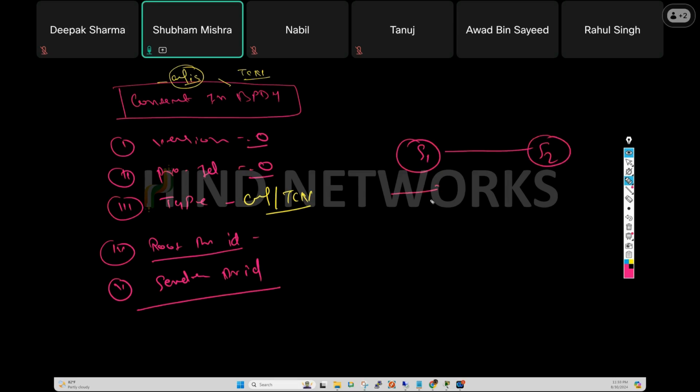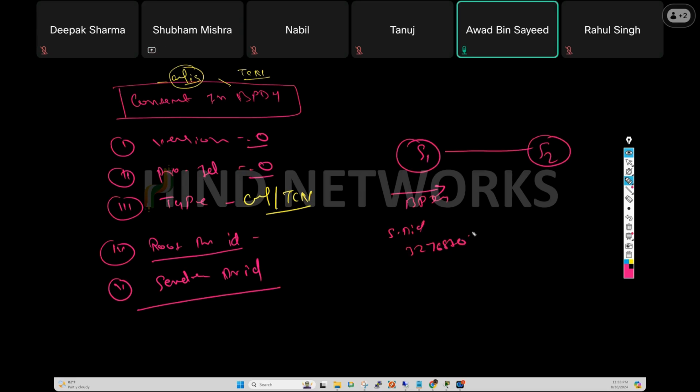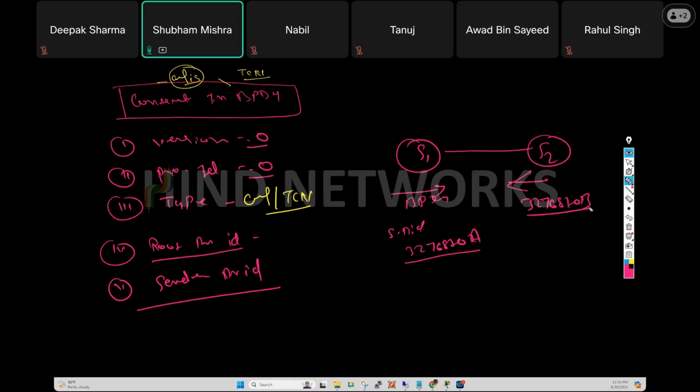If switch number 1 is sending the BPDU, what is the sender bridge ID? 32768 plus 0A. And if switch number 2 is sending the BPDU, what is the sender bridge ID? 32768 plus 0B. Do you understand now, everyone? Sender bridge ID means the bridge ID of the sender switch or sender device. Clear, everyone? Yes, sir.